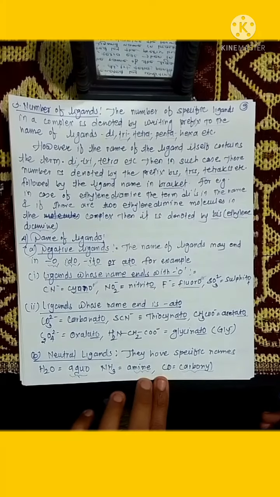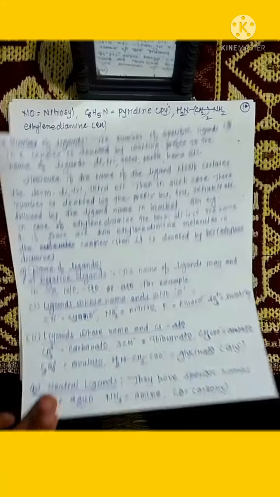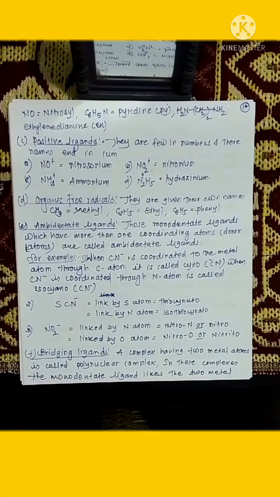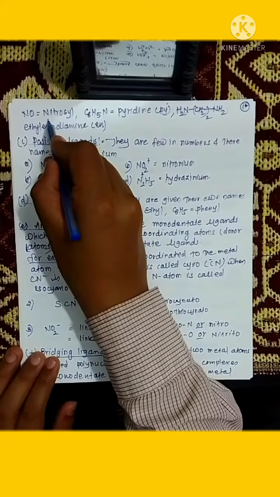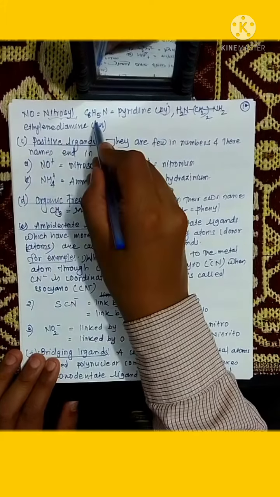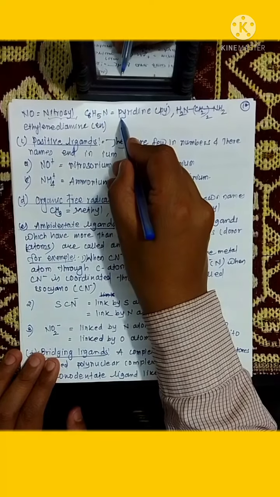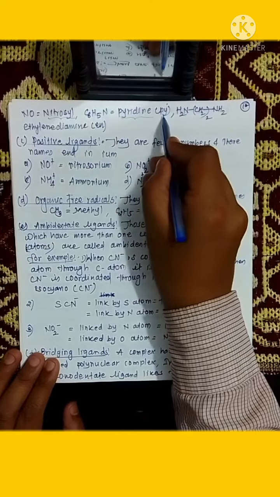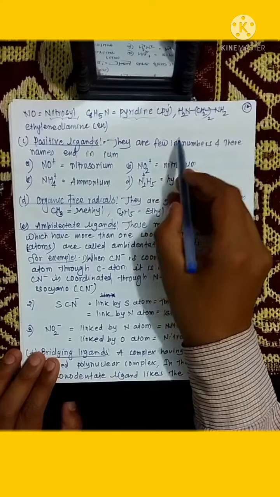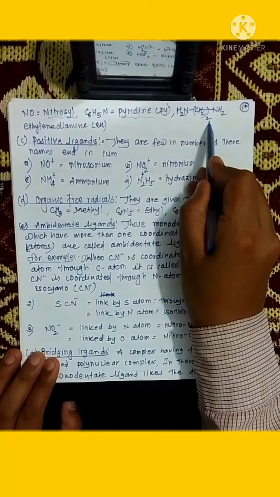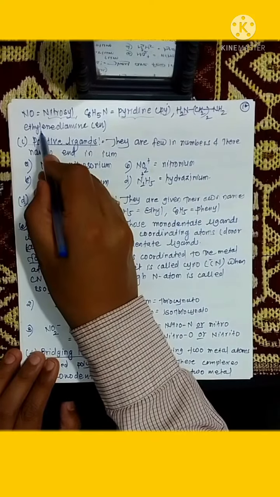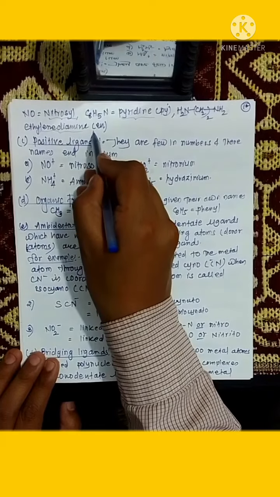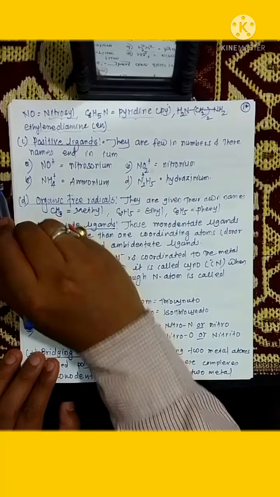We cannot write CO as carbon monoxide. NO is nitrosyl. C5H5N is written as pyridine, or shortly py. NH2CH2CH2NH2 is always written as ethylene diamine, in short en.